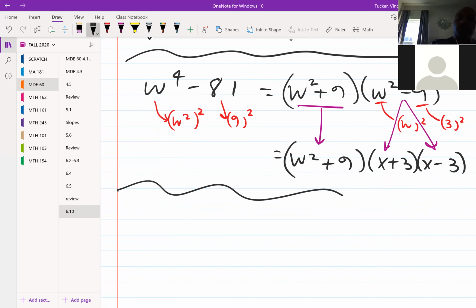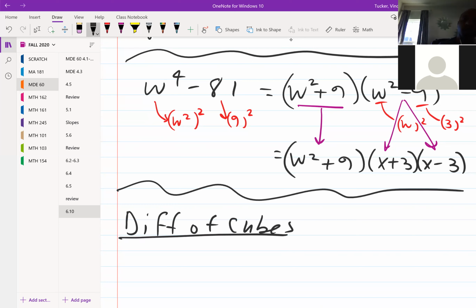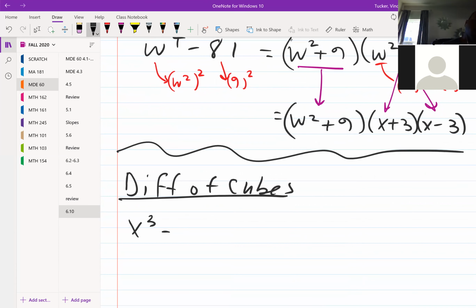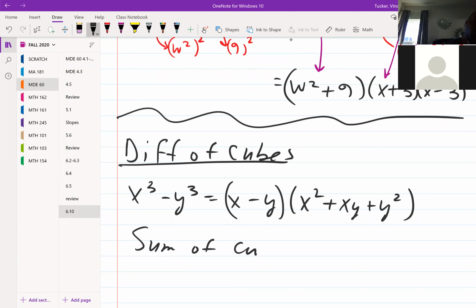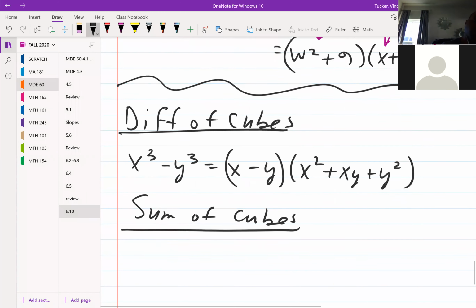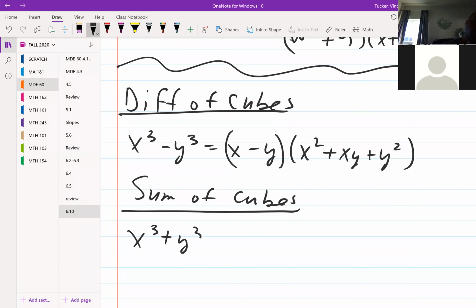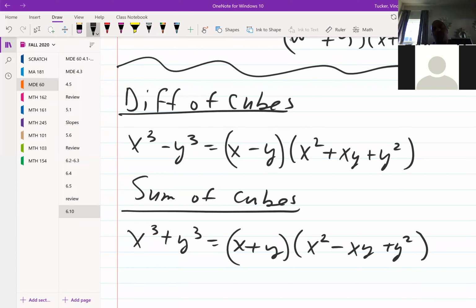All right. A few other formulas. The difference of cubes. x cubed minus y cubed is equal to x minus y times x squared plus xy plus y squared.